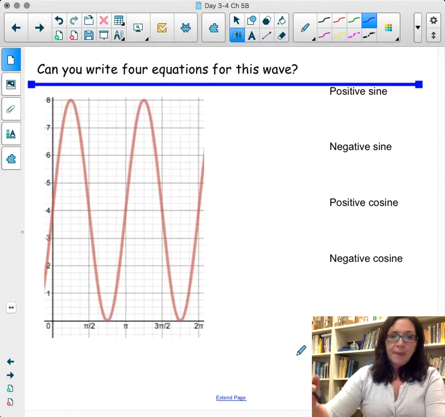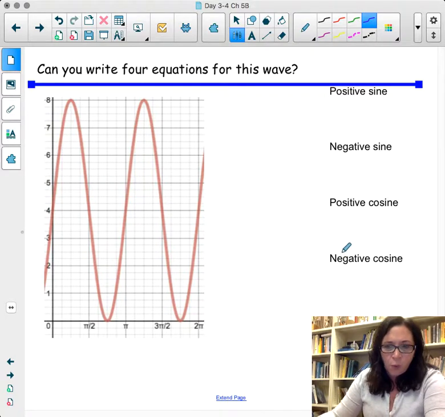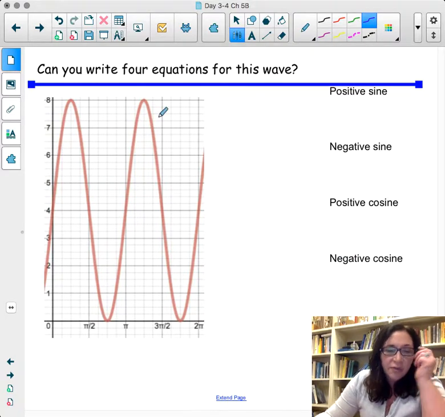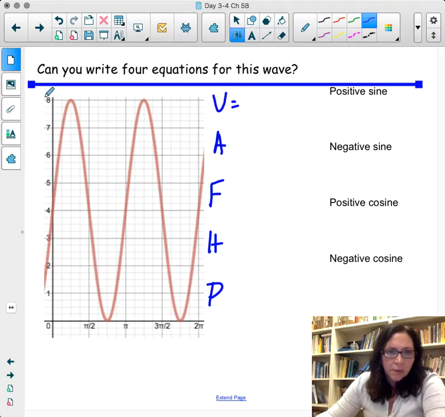Okay. Now this one, I'm asking you to graph 4 of these, okay? So for this, let's try to find our VAF. So V, A, F, H, P. Vertical shift, okay, so we're gonna go, what is that number? 8. So we're gonna go 8 plus 0 divided by 2, which is 4.